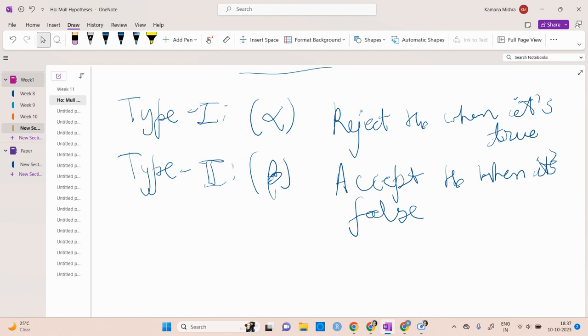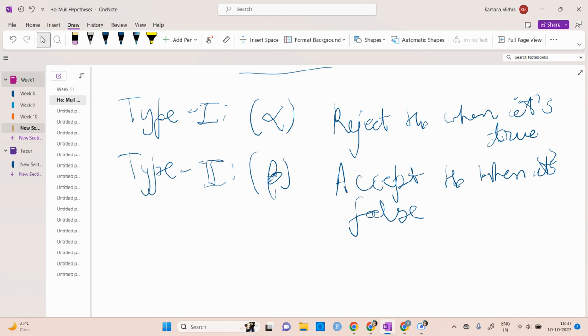Another example is the number of accidents that happen in one day in Delhi. If I'm saying that the number of accidents is, let's say, 250, and it's around 250 or 251, 252 with some error, but then we reject it because it was not exactly 250.